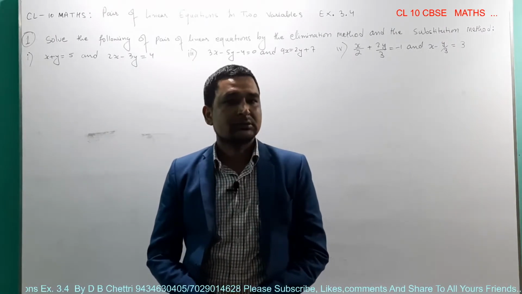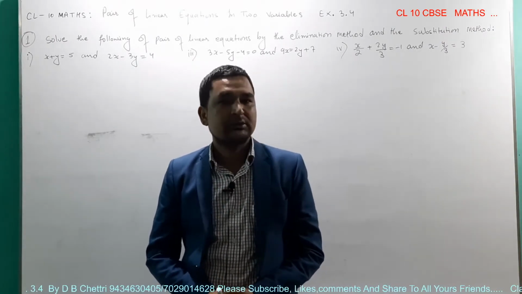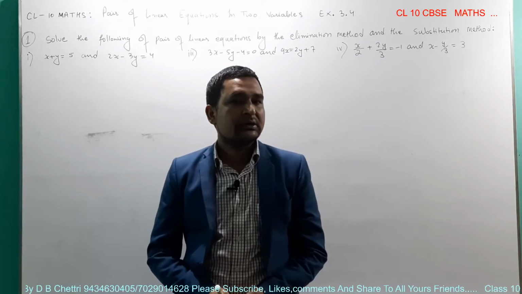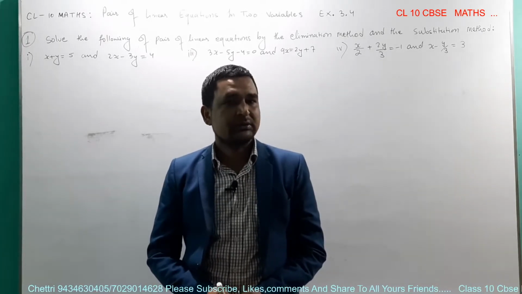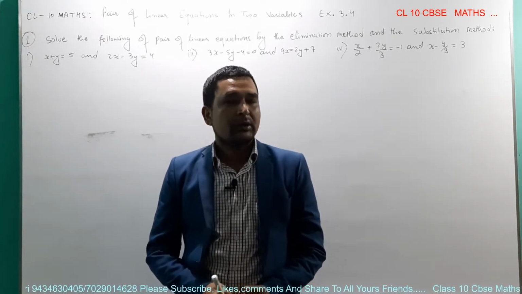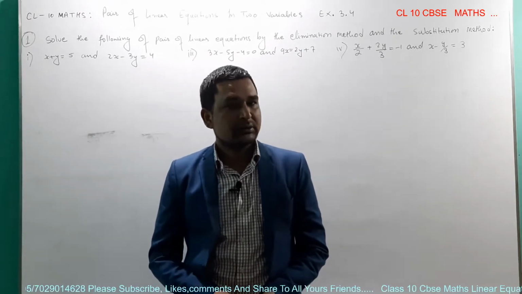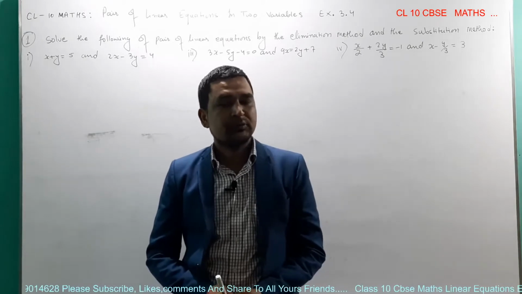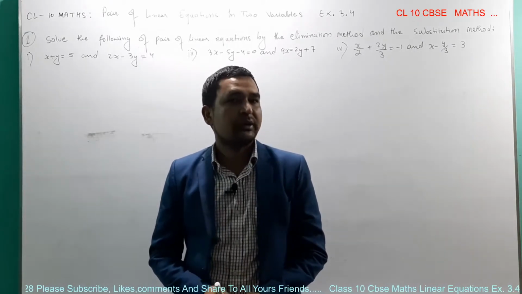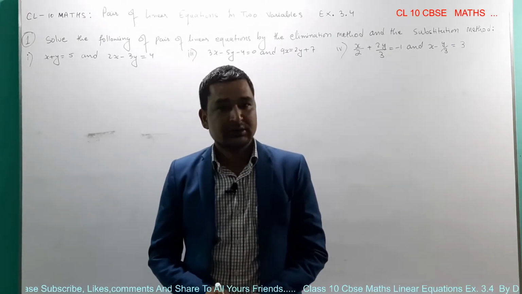This is class 10 CBSE mathematics. We are using the NCERT book to solve chapter-wise. We are learning the third chapter, pair of linear equations in two variables. In today's session we are going to learn a new exercise, 3.4.